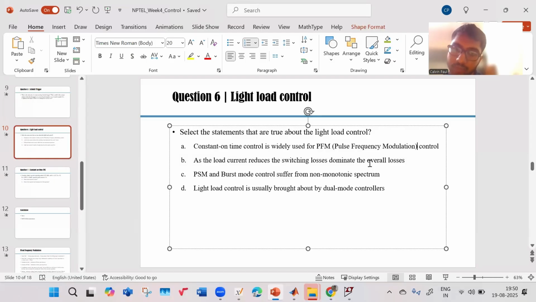As I told, the frequency changes depending on your load current, so it is reducing your frequency and reduces your switching loss. Second, as the load current reduces, the switching losses dominate the overall losses. That is true, we did it through an example. Now, PSM and burst mode control suffer from non-monotonic spectrum.